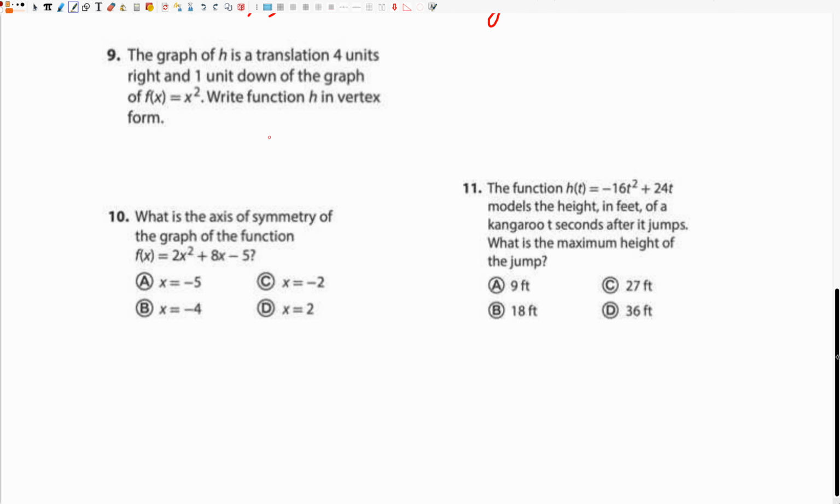The graph of h is a translation 4 units right and 1 down of the graph of f of x equals x squared. Write a function h in vertex form. So we have to write the h of x function. h of x equals, 4 right would be x minus 4 squared, and then 1 unit down, minus 1.